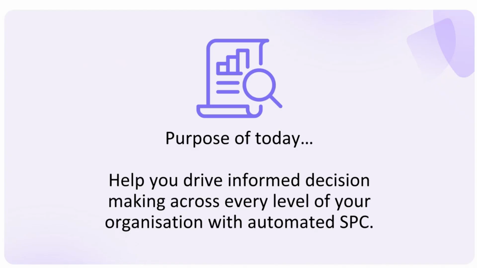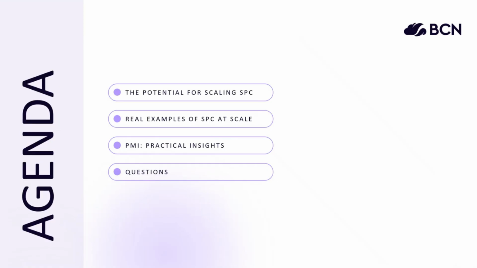In terms of an agenda, we'll keep it high level. First, a high level bit at the start about what we think the potential is of using SPC and control charts at scale. The title is how to scale control charts, but we thought it'd be worth a little bit about why you might want to do that, and what we believe is possible when it comes to scaling control charts across an organization.